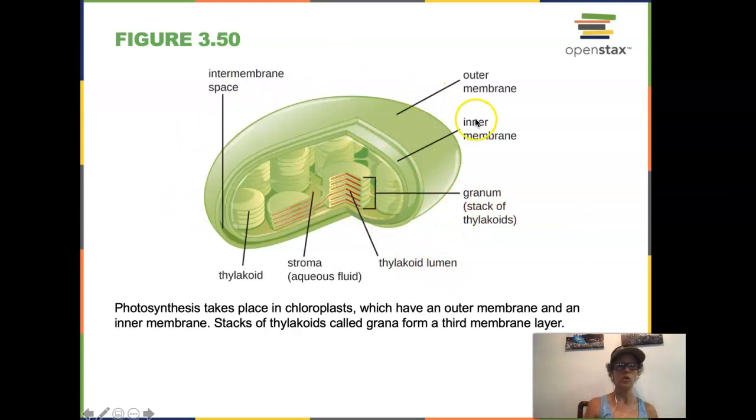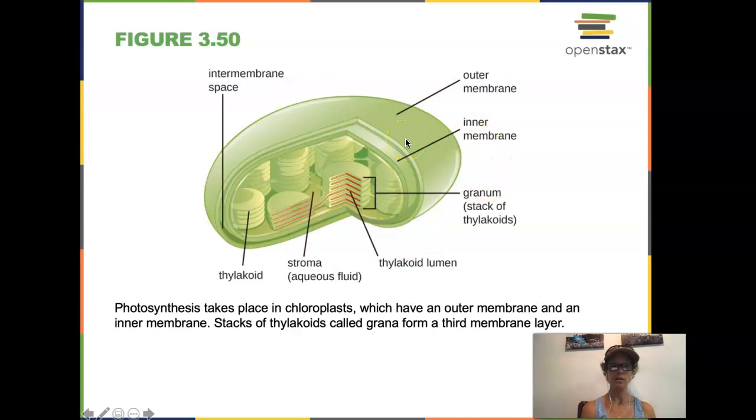It's shown green here because primarily we think about chloroplasts and photosynthesis, and photosynthesis with chlorophyll, and chlorophyll is green. Most chloroplasts are green, but there are things like red algae that have red chloroplasts, and brown algae that have brown chloroplasts. It's where the pigments for photosynthesis will be held in eukaryotes.